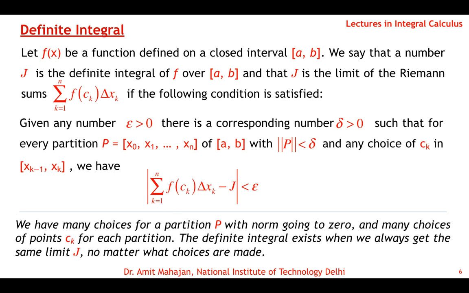So again, we have many choices of the partition P with norm going to 0, and many choices of ck for each subinterval of the partition.